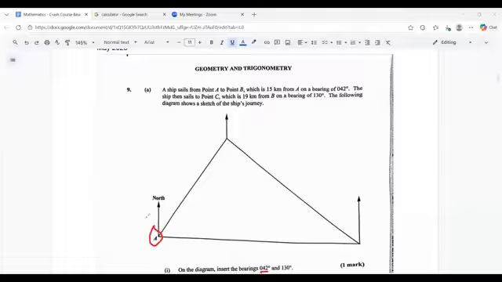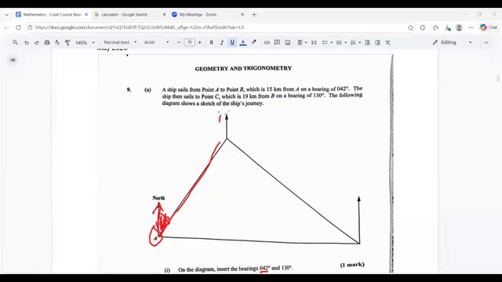Bearings are angles, right? How do we normally calculate bearings? You always start north of the point. So we have the north cardinal point already. From where A is, from the north, we go clockwise. We always go clockwise from north. If we go from here to here, this angle represents the bearing.